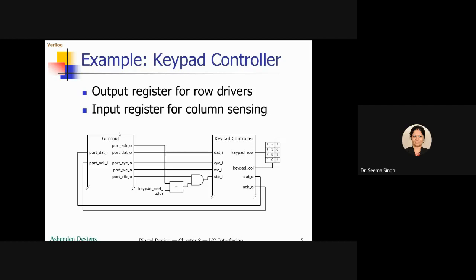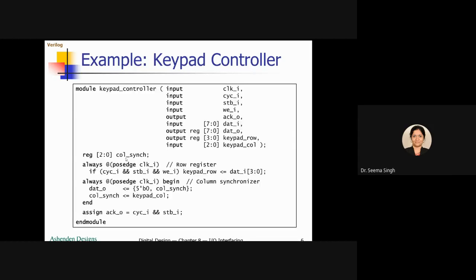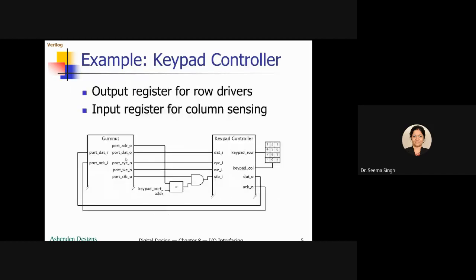So this processor as of now is shown to interface with your keypad through a keypad controller. So you should understand the connection between processor and controller, and also the controller and keypad.